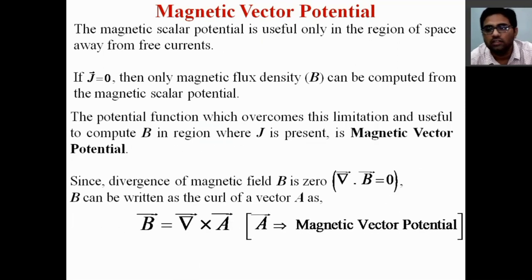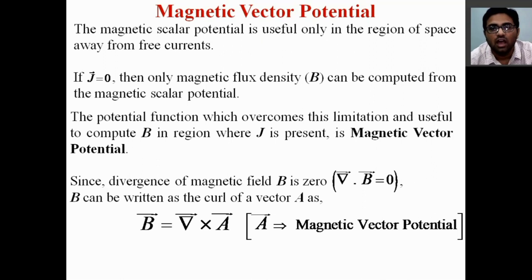The potential function which overcomes this limitation and is useful to compute magnetic field in a region where current density is present is called magnetic vector potential. So magnetic vector potential is useful where current density is present, but magnetic scalar potential is useful where current density is 0. This is the difference.